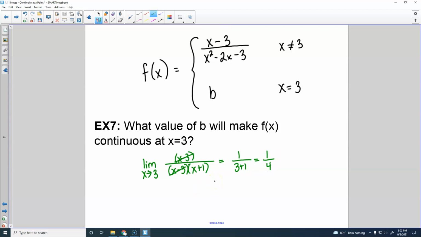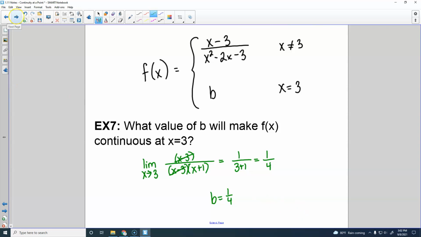And so if I made b equal to 1/4, then that would put a point right there at 3, 1/4. That'll fill in that hole in the graph. That's all you have to do for that one.